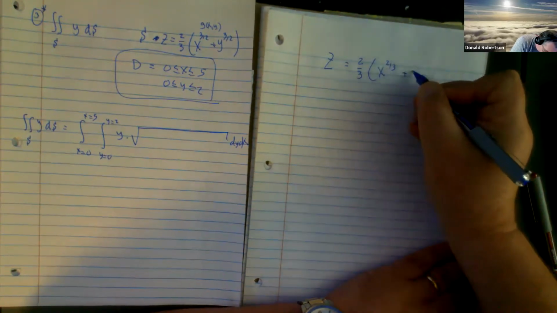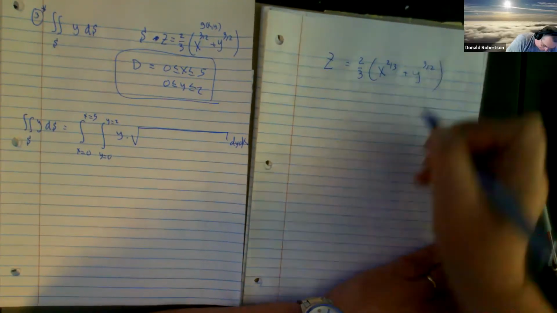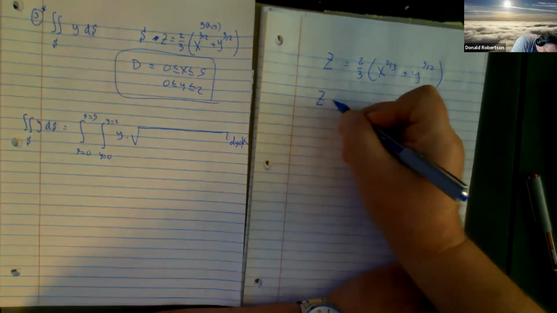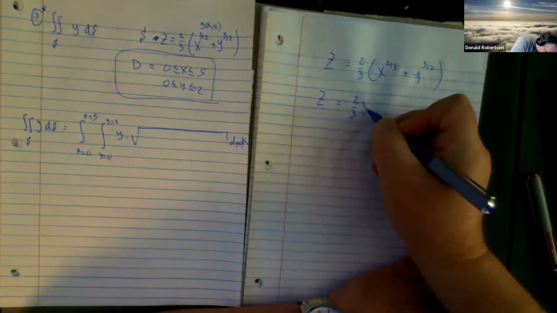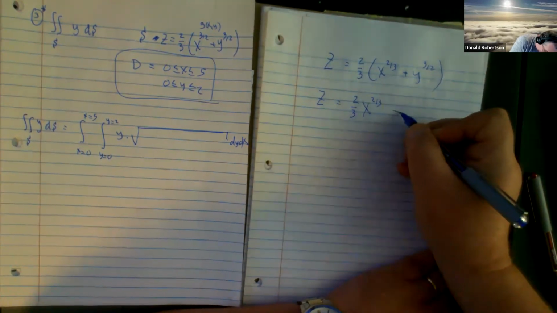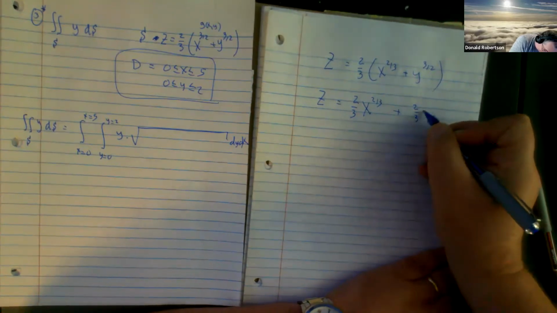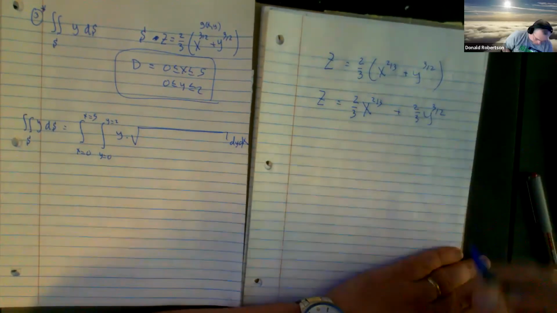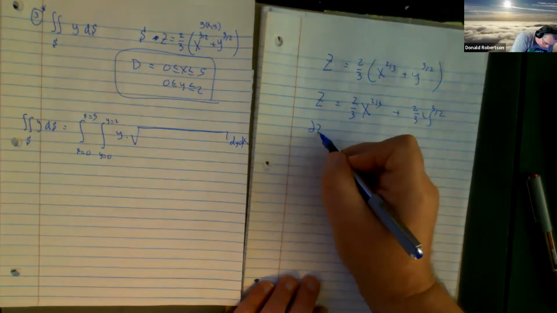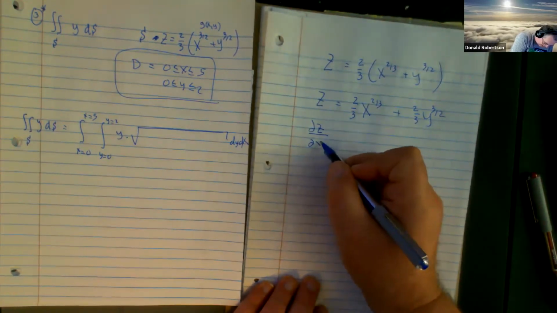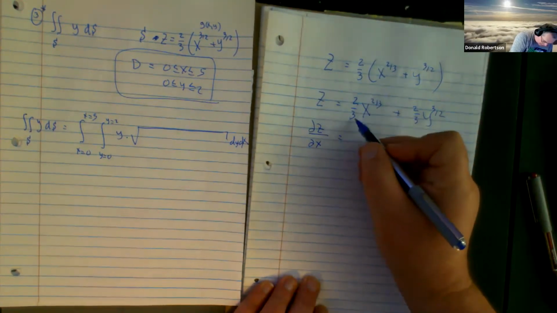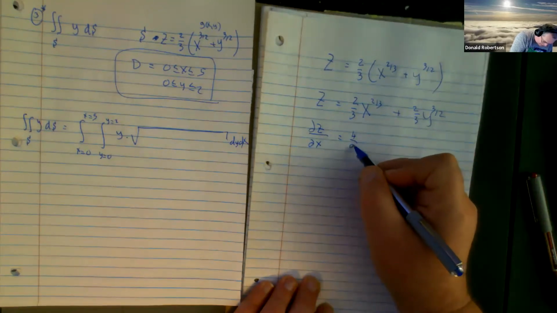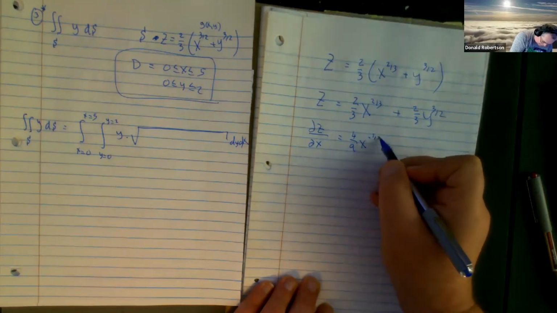Here is the surface, right? That guy. I think it's going to come out nicer if I just distribute the 2/3. So I need to know the partial derivative with respect to x. Well, multiply by the power and then reduce the power by 1.